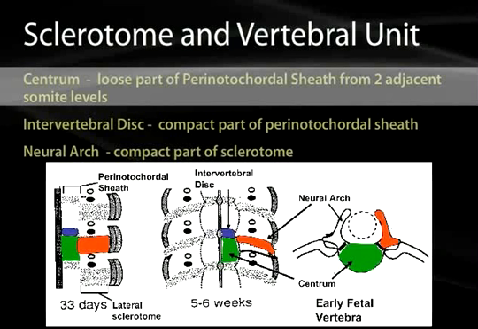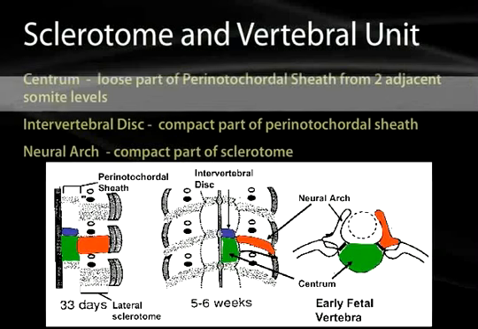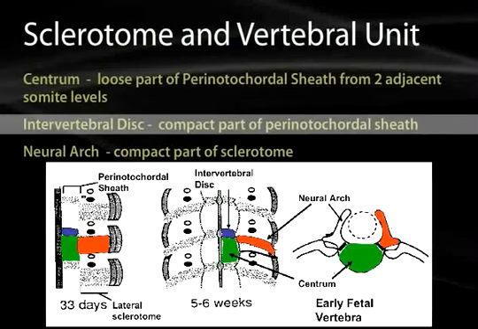The centrum will be formed from the loose parts of the perinotochordal sheath from two adjacent somite levels. Here you can see the centrum being formed by the two adjacent perinotochordal levels.